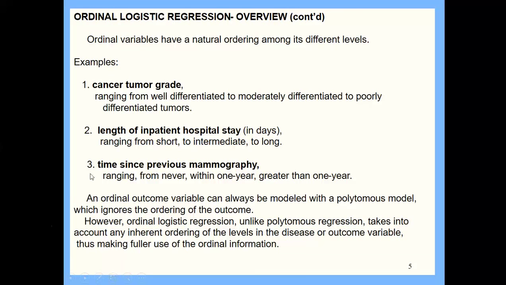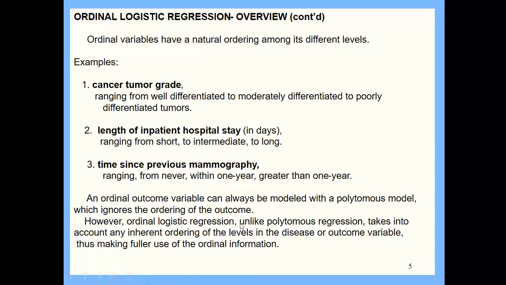Okay. And there could be others. This is the example used in the chapter on ordinal logistic regression in the logistic regression book that you have, where the outcome is time since previous mammography: never had one, within 1 year, or greater than 1 year. So that's another ordinal outcome. When you have an ordinal outcome with more than two categories, you should think about using ordinal logistic regression.